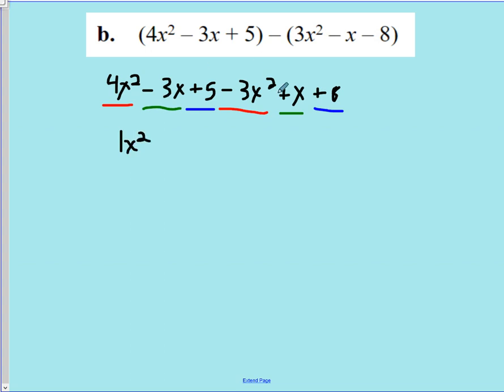Negative 3x plus x is going to become negative 2x. And positive 5 plus 8 is going to be 13. And there's your answer. One thing to point out, you do not need to include this number 1 here because it's implied. So if you wanted to rewrite this as just x squared, that would be the more correct way to write it. However, if you do write the 1 in front of it, it doesn't make it wrong.